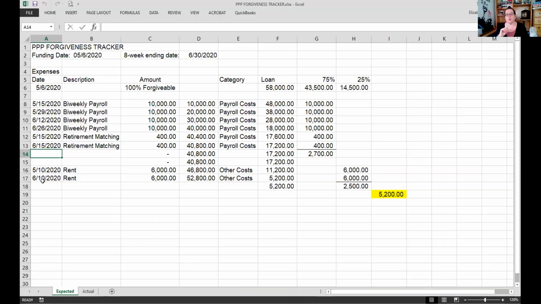If you did get a PPP for some sort of rental property, it's the interest portion only, not the principal, that we would be including here. And with my retirement matching, I'm only including the matching. I may be sending $800 to my financial institution that handles my retirement account, but only $400 of that is my portion. The rest was subtracted from employees.